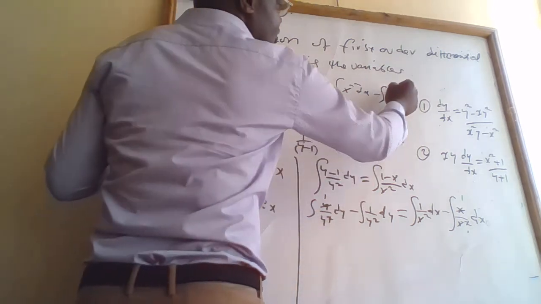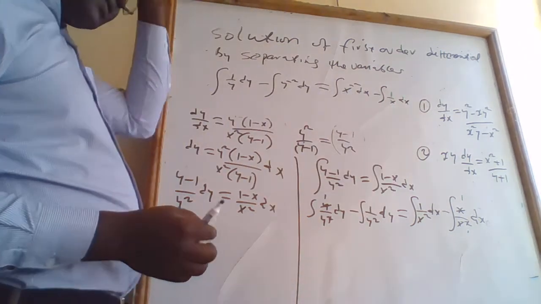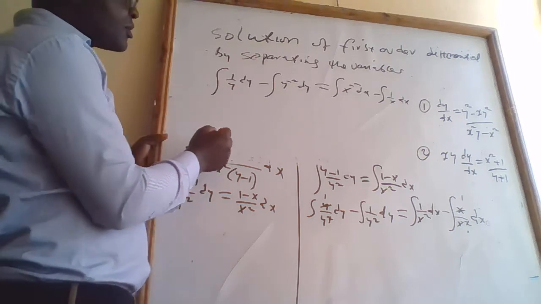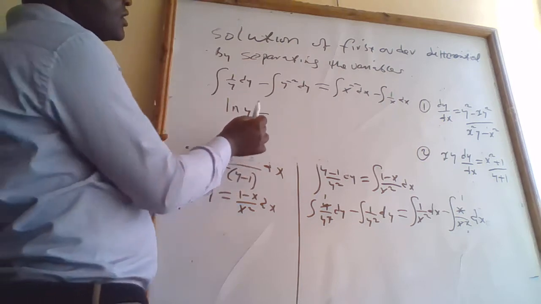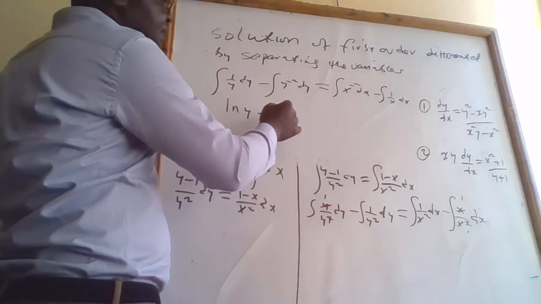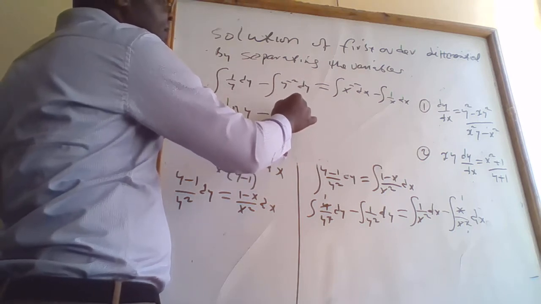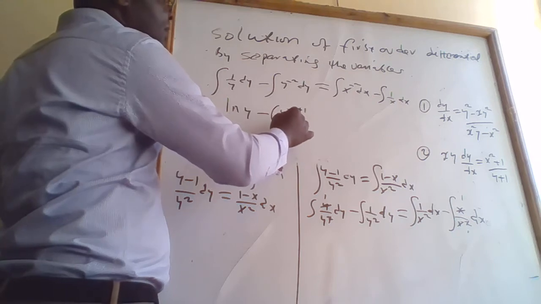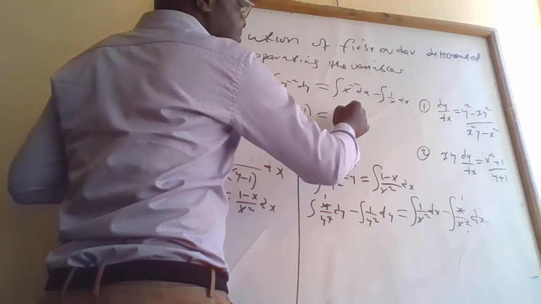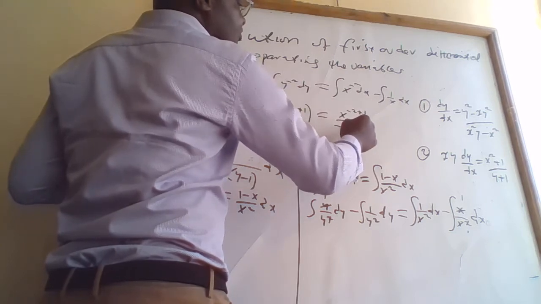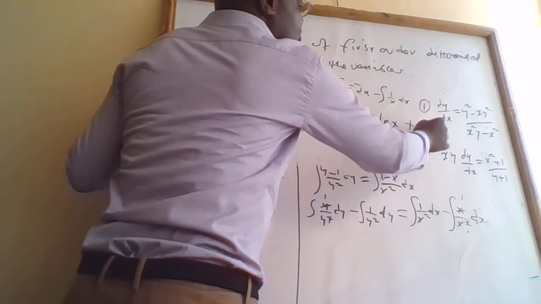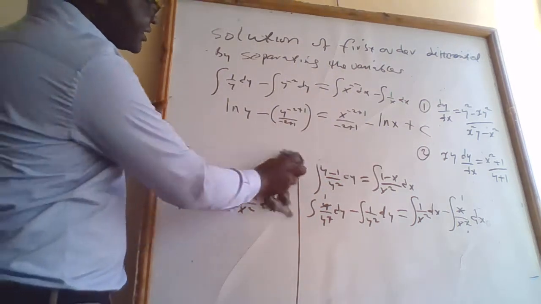So here we integrate 1 over y to get ln of y, minus the integral of y to the negative 2, which gives y raised to negative 2 plus 1 over negative 2 plus 1, equals x raised to negative 2 plus 1 over negative 2 plus 1, then minus ln of x, and of course plus a constant of integration.